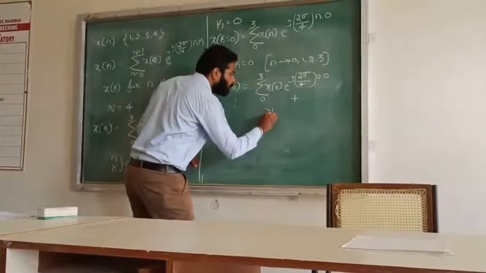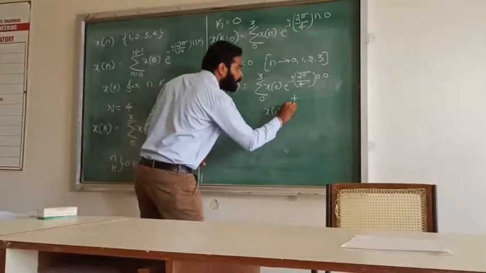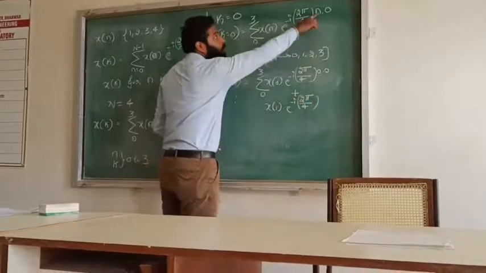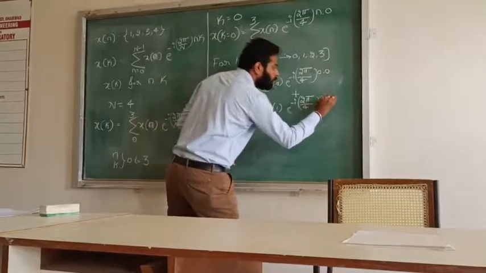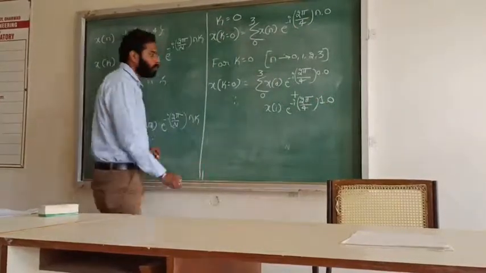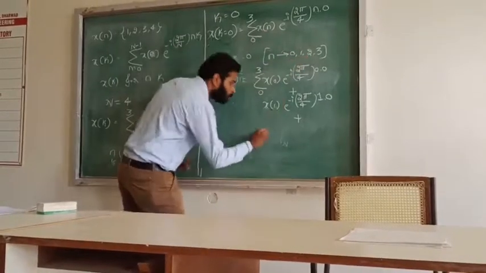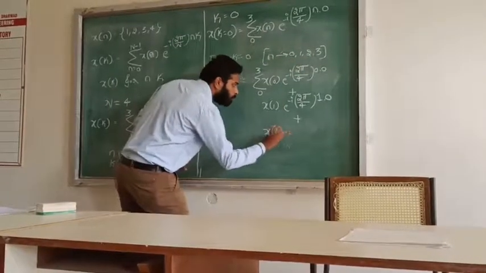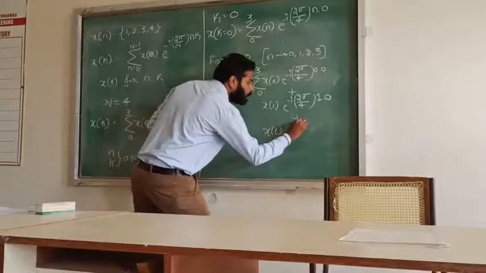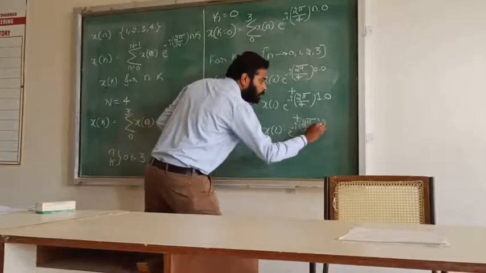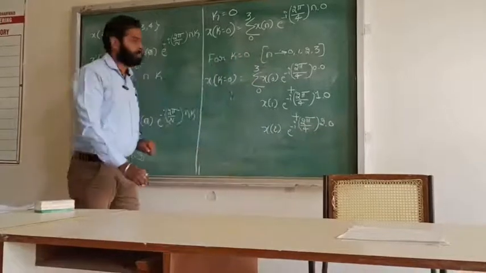Plus, next in place of n we put 1: x of 1 e raised to minus i 2 pi by 4 into 1 into 0. Plus, in place of n we put 2: x of 2 e raised to minus i 2 pi divided by 4 into 2 into 0.